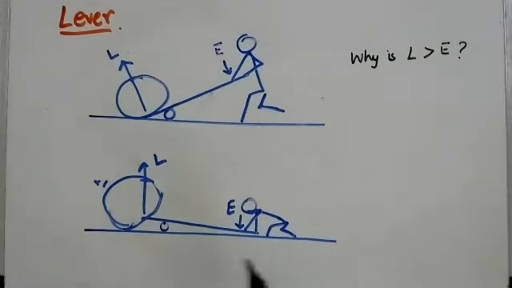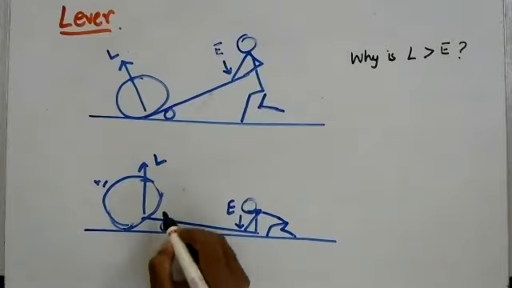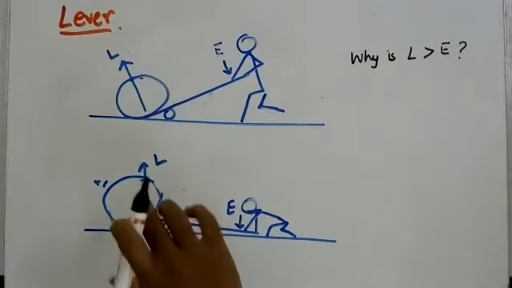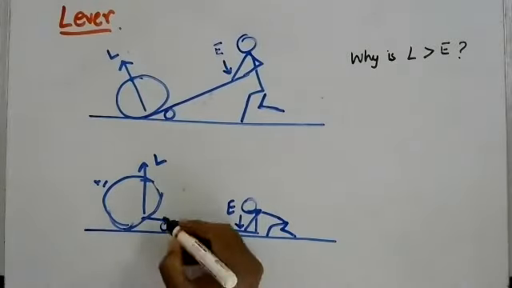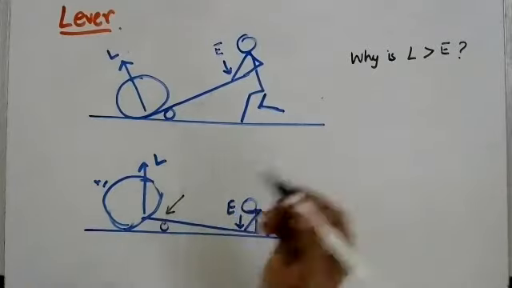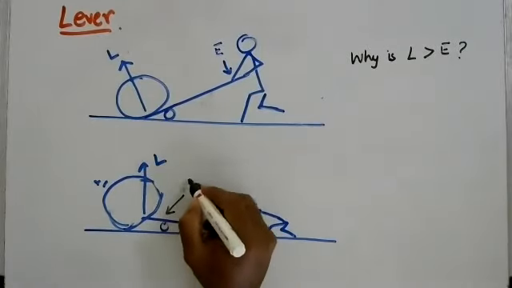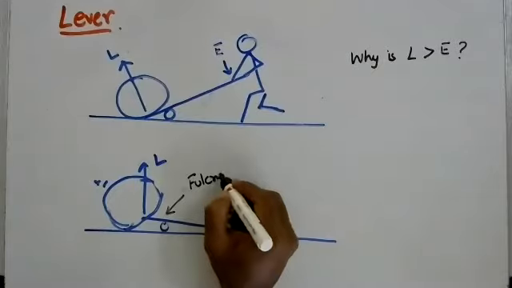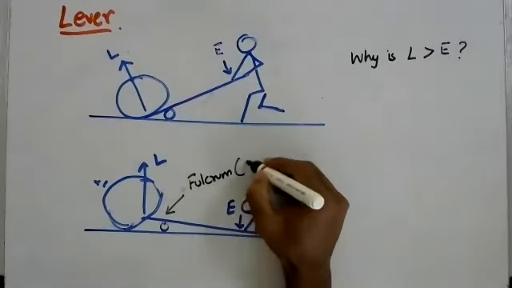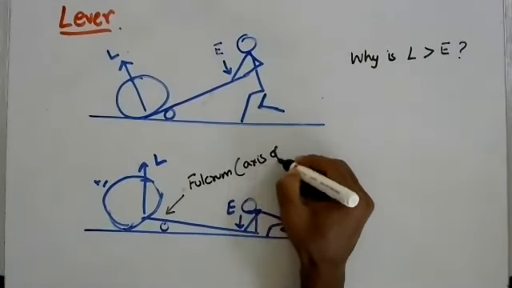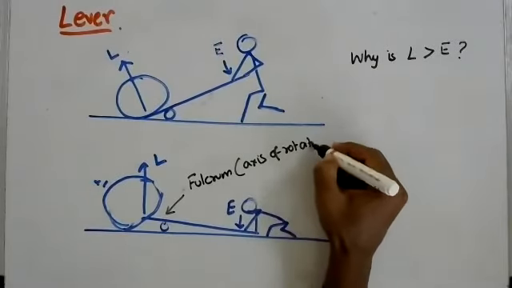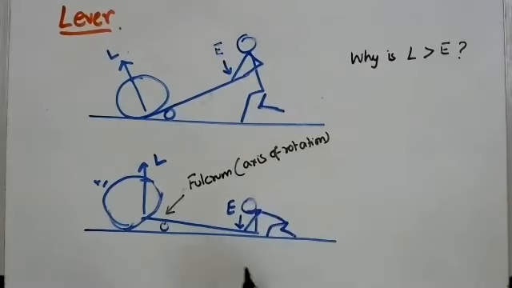Consider the following. Like Ishan was trying to explain, we have a point about which this entire object is turning. Traditionally it's called the fulcrum, but basically it is an axis of rotation. Now you are applying an effort over here, and there is an axis of rotation and a force acting on the other side.